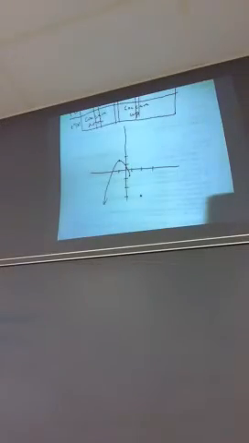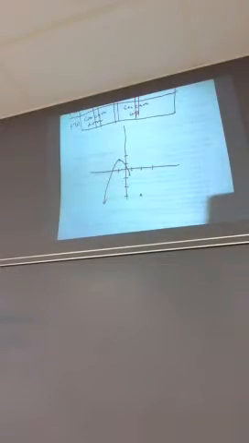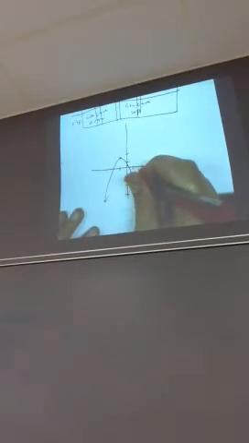Now, what's my next interval? From 1/2 to 2. What am I doing between 1/2 and 2? I'm decreasing now, but I'm concave up. So I'm going to take on this shape right here. This is decreasing and concave up.